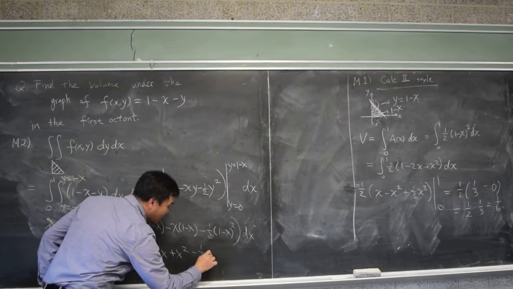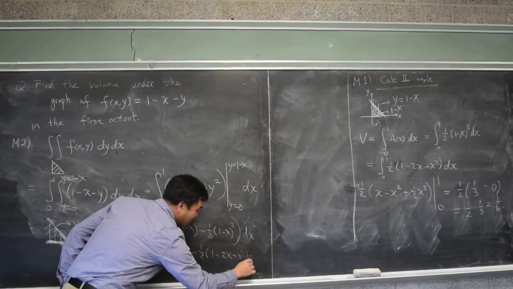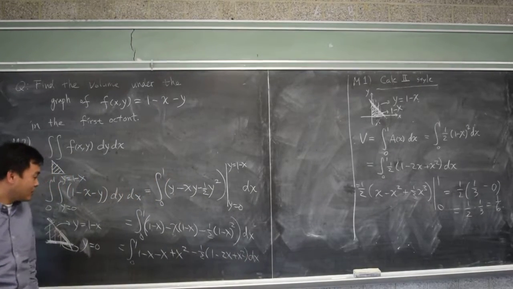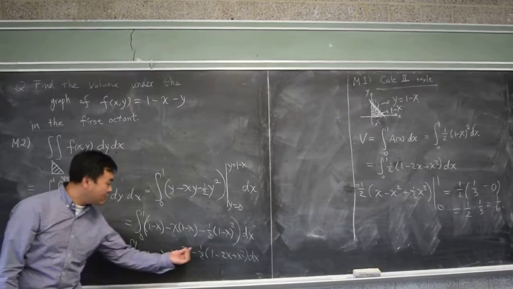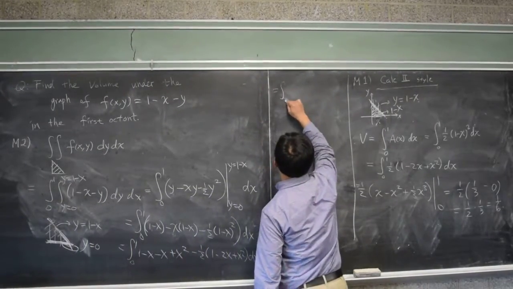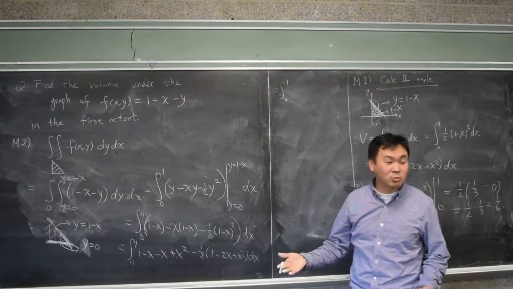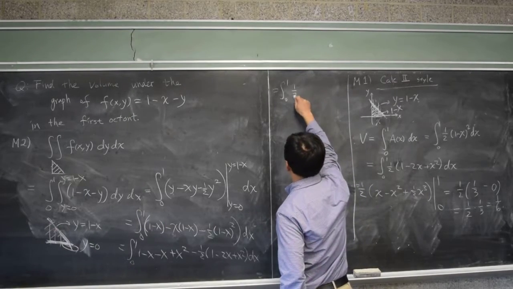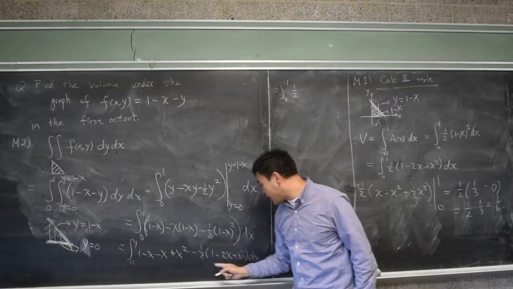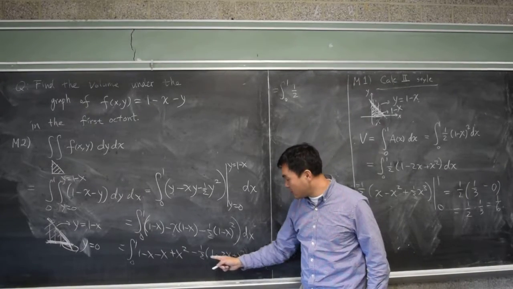Minus 1/2, 1 minus 2x plus x squared, dx, right? And now look, 1 minus 1/2, what's that? I have 1, I have 1/2. 1 minus 1/2 is 1/2. I have negative 2x, and 1/2 of 2x is just x, and it's a plus.